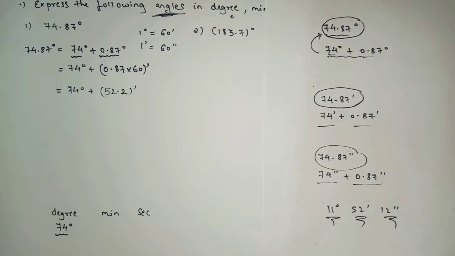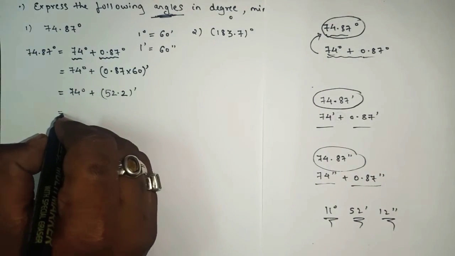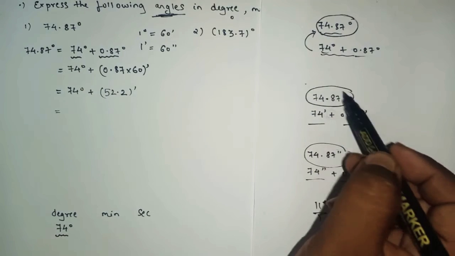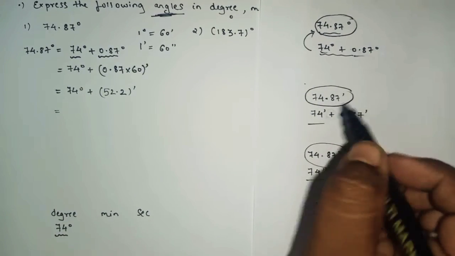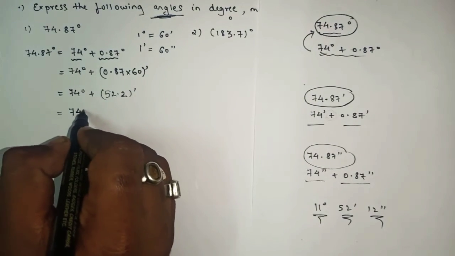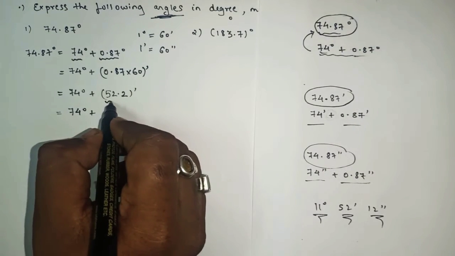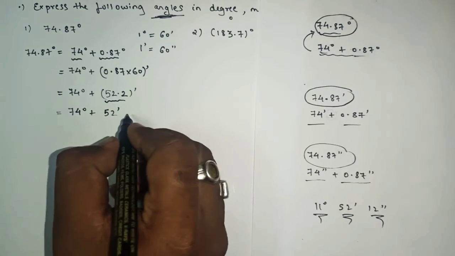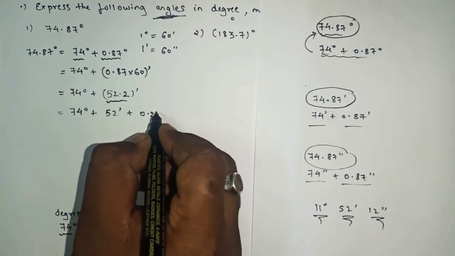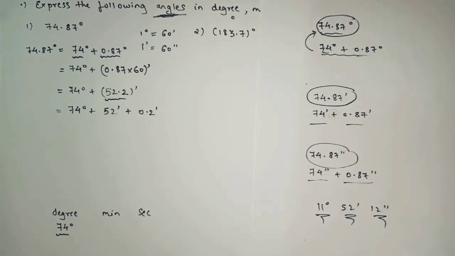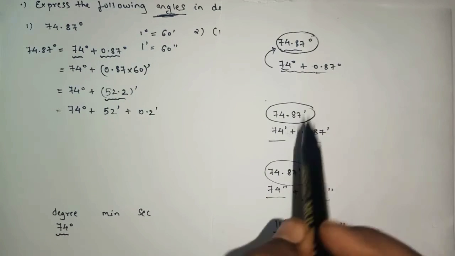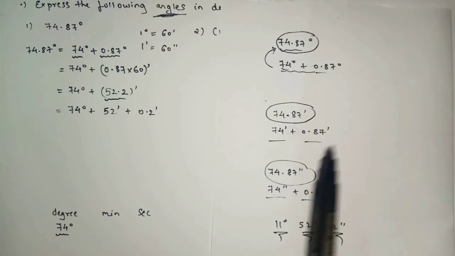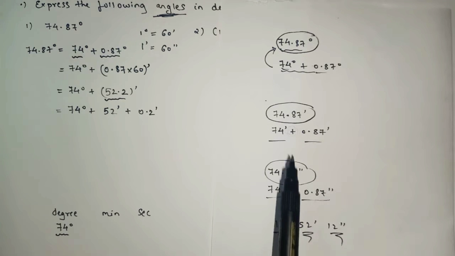Okay, so now after this, as I told, whenever you come across decimal in minute also, we'll keep this 74 as it is. Now we'll break this 52.2 as 52 minute plus 0.2 minute. Understood the process? Whenever you come across the degree in decimal, the minute in decimal, the second in decimal, the process will be what?